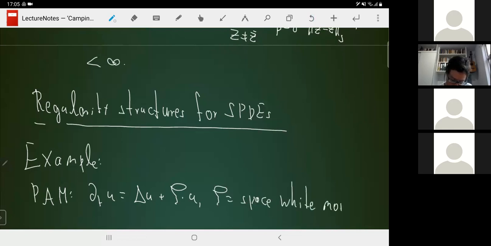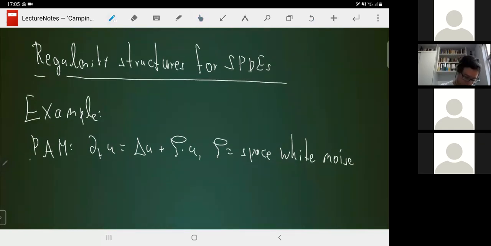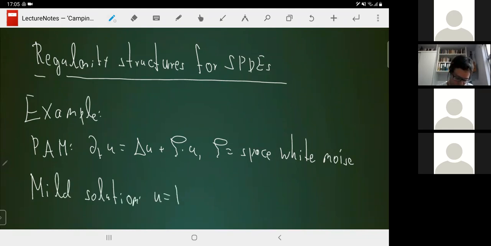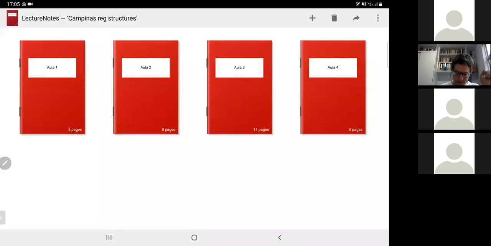The mild solution, or Duhamel's principle, says that u is K convolved with u times xi plus K convolved with the initial condition. Okay, so what do we want to do now? Let's maybe go back to the last class.